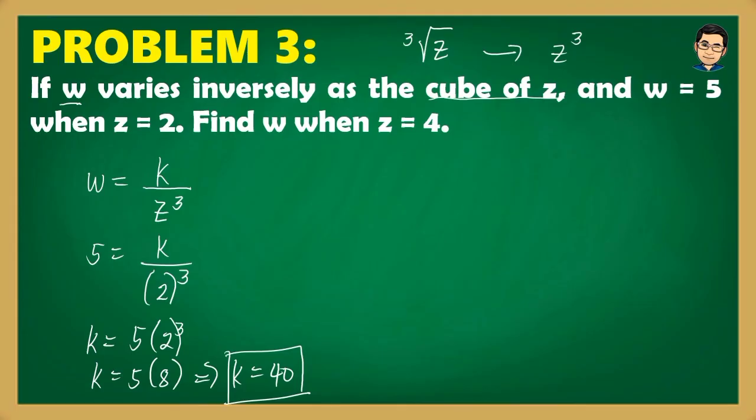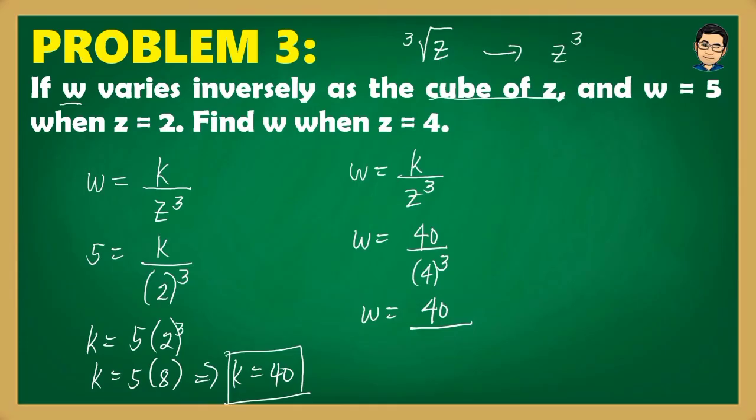Next, find W when Z is equal to 4. Using the same equation, W is equal to K all over Z cubed. W is equal to the value of K, which is 40, over Z, which is 4 cubed. W is equal to 40 over 4 cubed, that is 4 times 4 times 4.